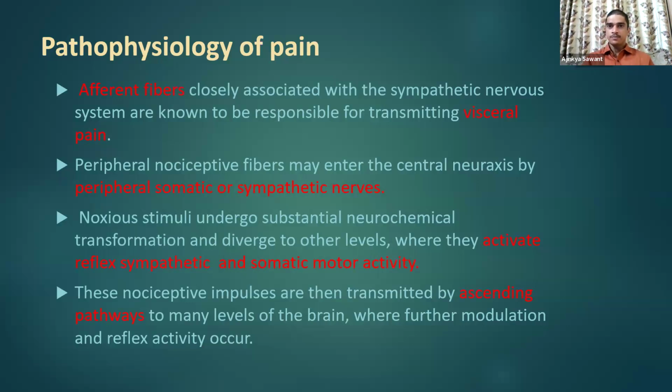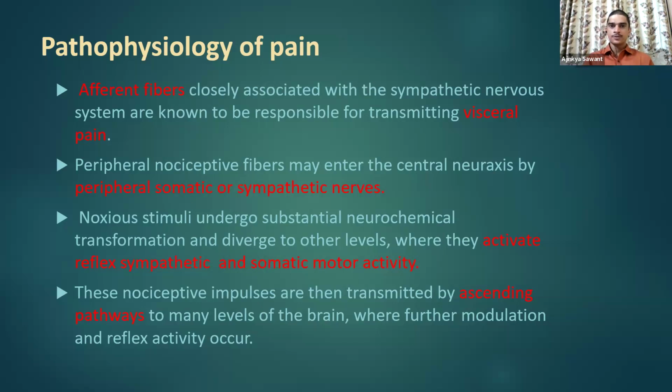Afferent fibers transmit the visceral pain to the spinal cord and then to the brain. Peripheral nociceptive fibers may enter the central neuraxis by peripheral or somatic or sympathetic nerves.